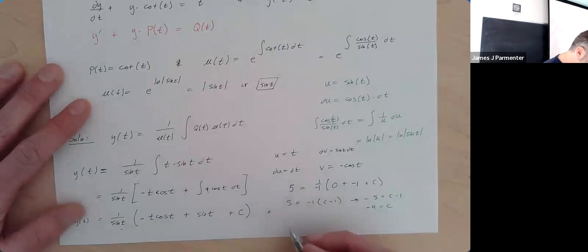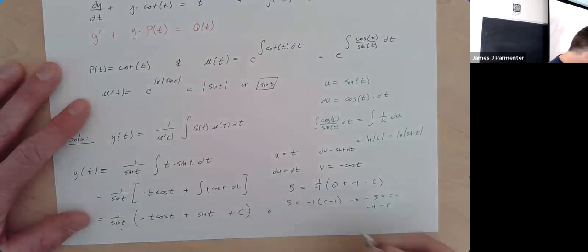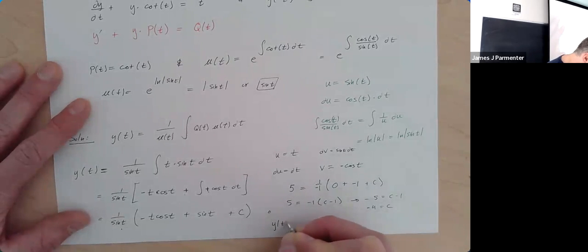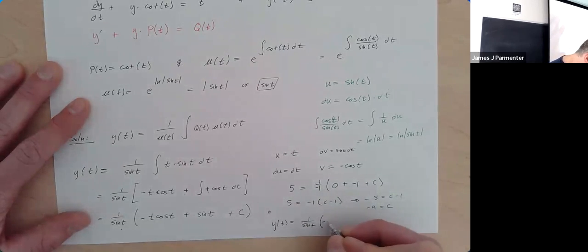So one way of writing our particular solution here would be to write that y of t is equal to 1 over sine of t times negative t cosine of t plus sine of t minus 4.